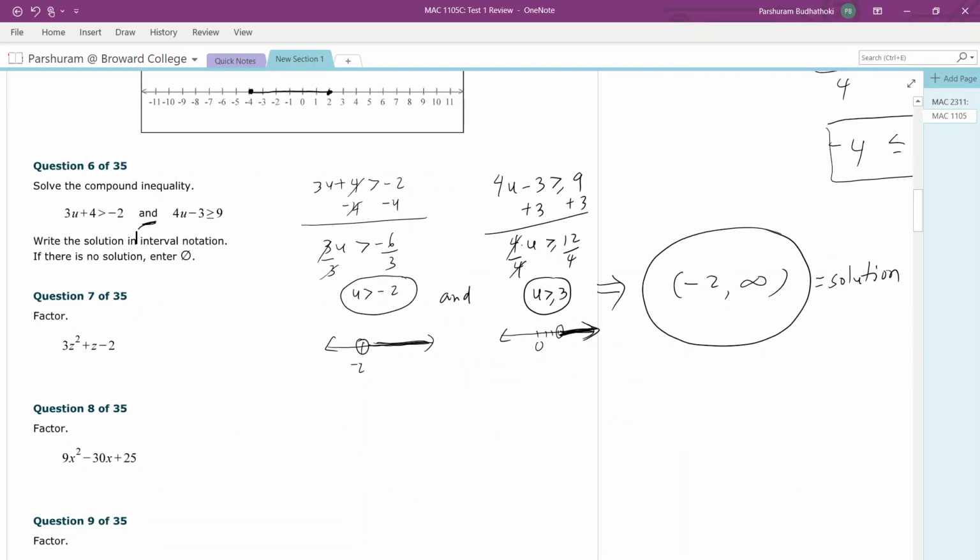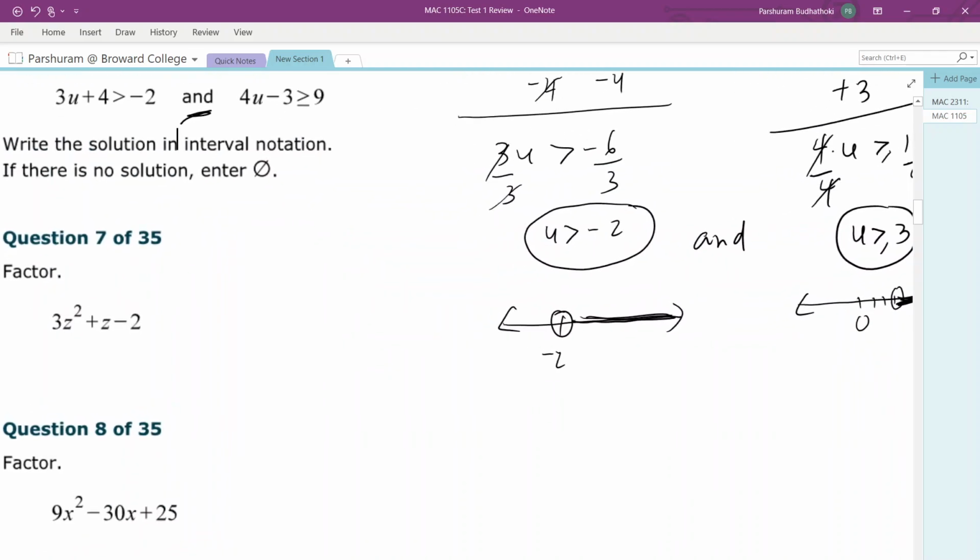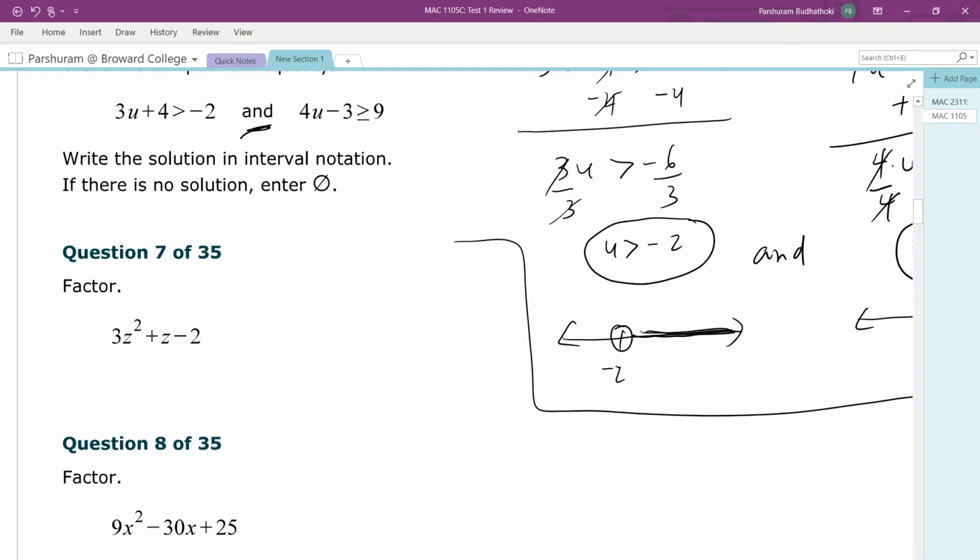That's problem 6. For problem 7, factor 3z squared plus z minus 2, we can use the AC method. So here you can see there is a 3 for A and negative 2 for C. So 3 times negative 2 is negative 6.